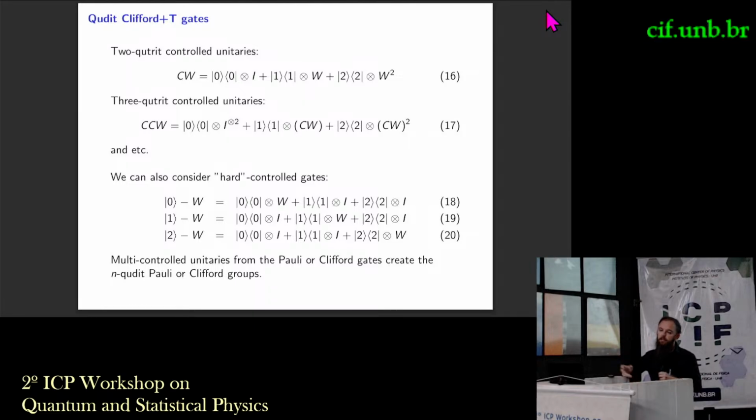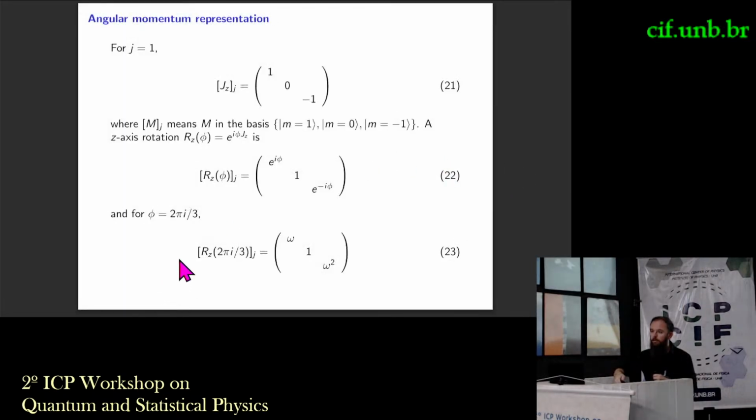And the interesting thing here is that this Clifford plus this set of gates is approximately universal, okay? So you can approximate any many-body gate unitary by suitable combinations of this, okay?